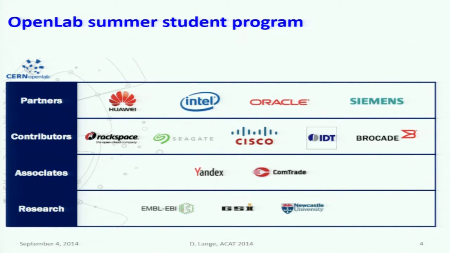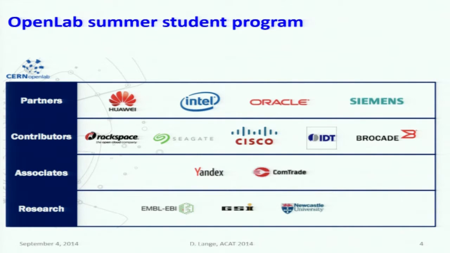Okay, so the other program for students, which is definitely focused on computer science, is the so-called Open Lab summer student program, where Open Lab is a really interesting concept that CERN has put together, essentially a collaboration between CERN, a set of companies, and then the CERN experiments.